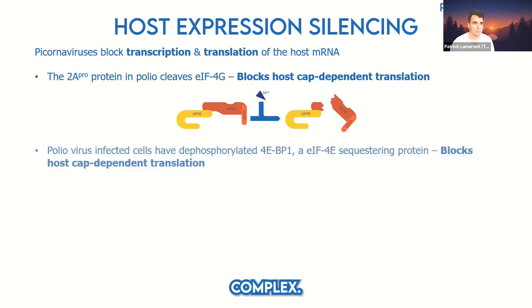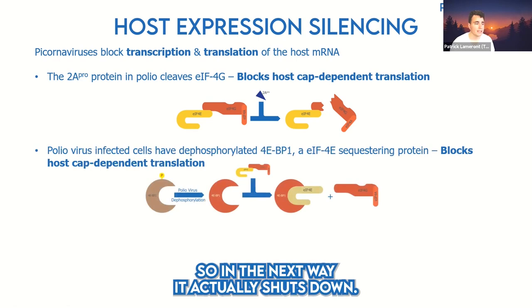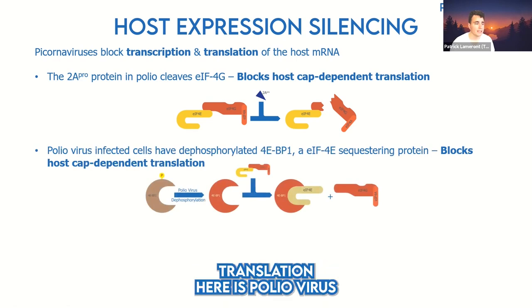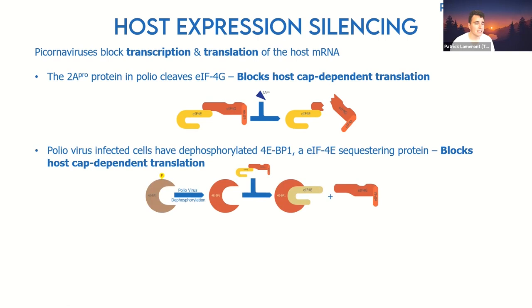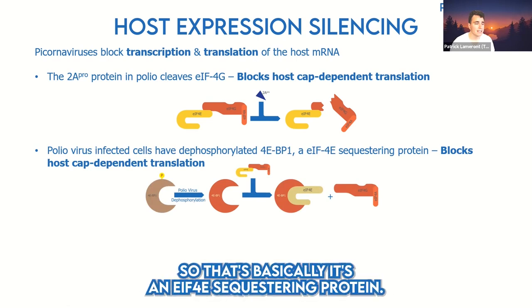The next way it shuts down translation is that poliovirus infected cells have a dephosphorylated 4E-BP1. That's basically an eIF4E sequestering protein.